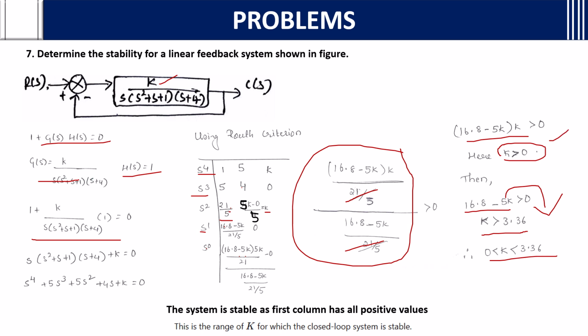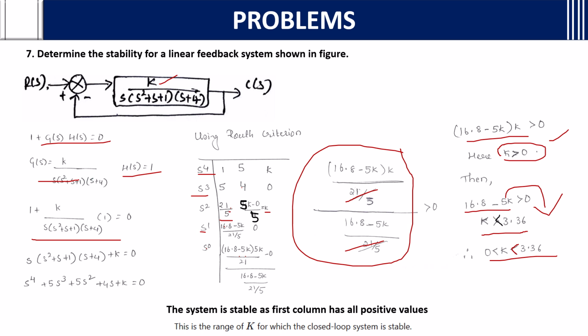Then k should be less than 3.36. Okay, I hope you understood. I think I did it wrong here. K should be less than 3.36. Just change what I wrote with the black pen.